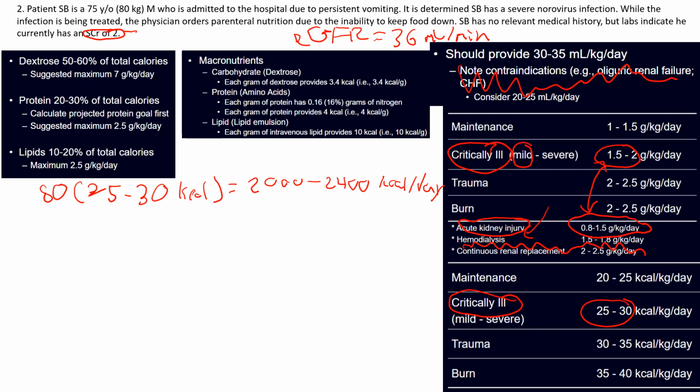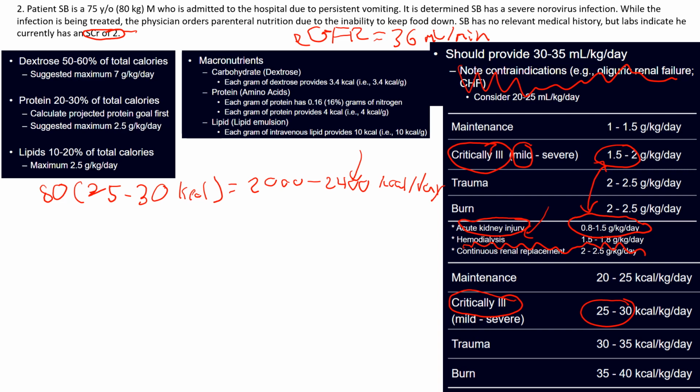I think I'm going to choose 2,400, right? Since this is a daily thing, if you were to divide 2,400 by 24, you'd get 100. So you could just have the rate be 100 kcals per hour, or think of it in that way, even if you would never write it like that on a script. But I think that's fine for this patient. I'm not too worried with a value like that.